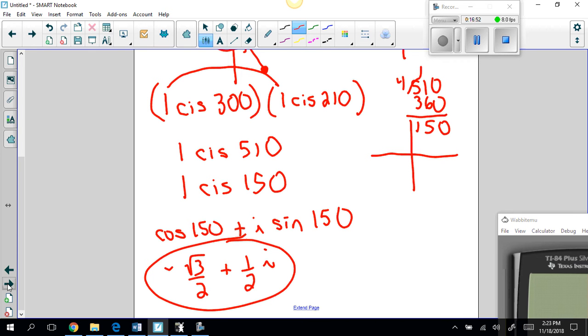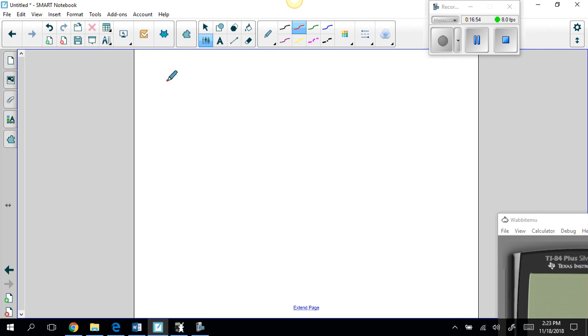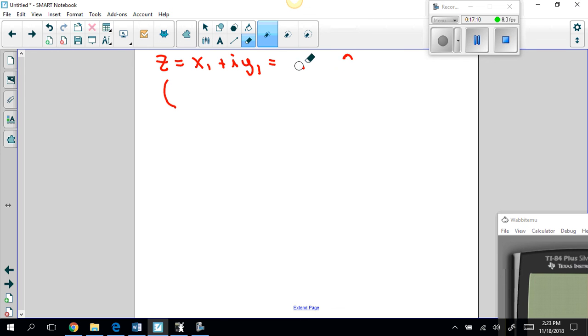All right, next formula. If I give you z to be x1 plus iy1, which is r1 cis, which is really r1 cis theta 1.